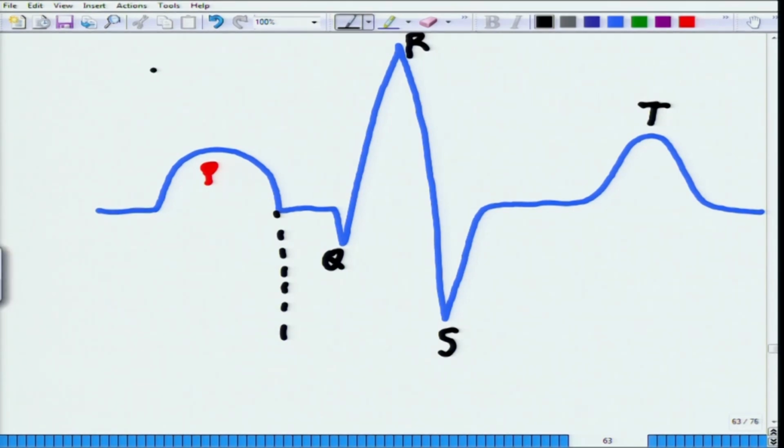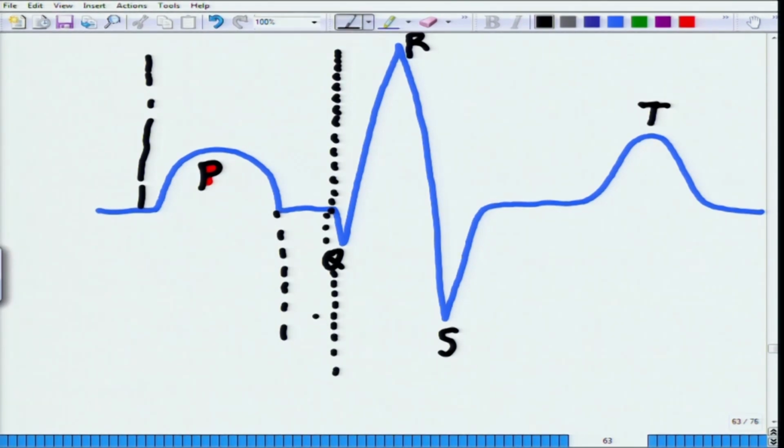And within that you have different terms which are used. If this is P, then from here to here, this one is called the PR segment, and this one is called the PR interval. Okay.